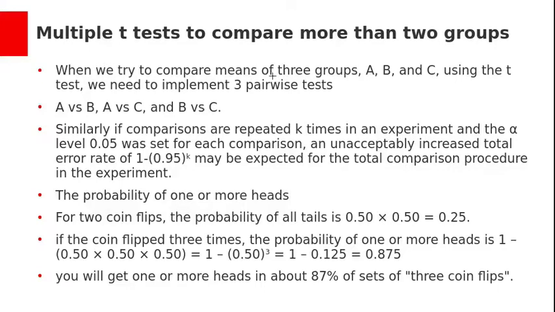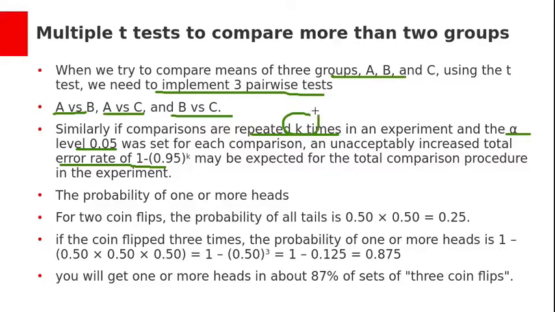When we try to compare means of three groups A, B, C using t-tests, we need to implement three pairwise tests: A versus B, A versus C and B versus C. Similarly, if comparisons are required k times and alpha is 0.05, then the cumulative value would be 1 minus 0.95 to the power k. Let's take an example. Suppose we want to calculate the probability of one or more heads.